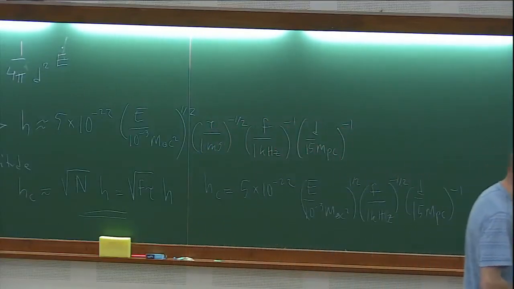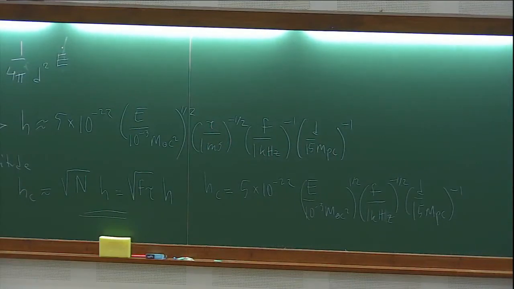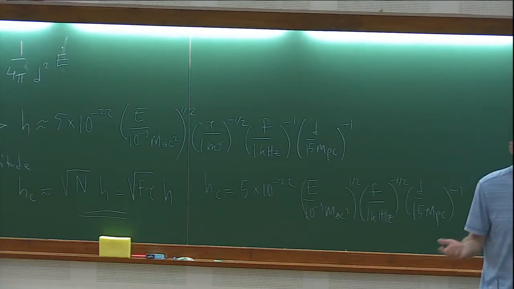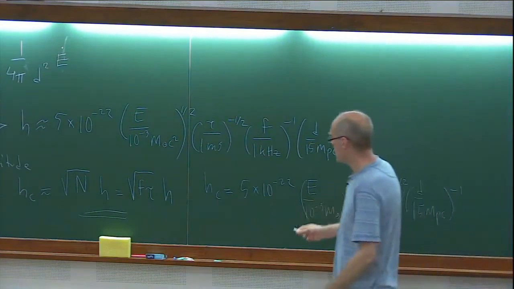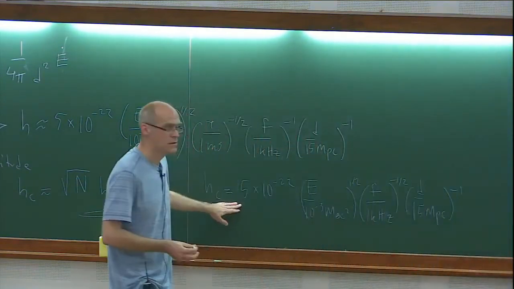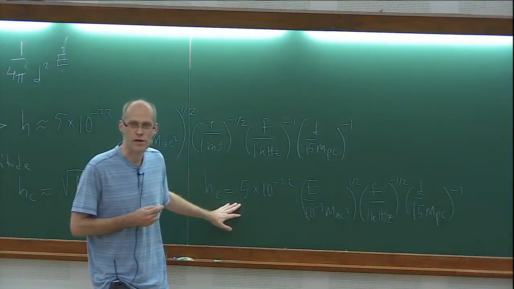And therefore, when people started thinking about building a gravitational wave detector, in the 1990s, say, when LIGO was first mooted and designed, this number was the target.